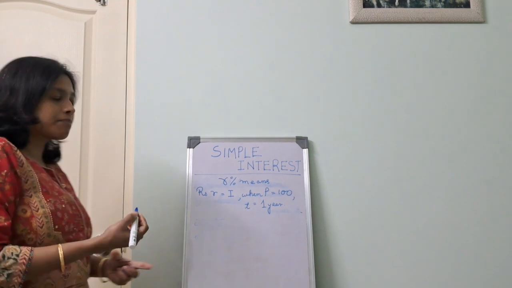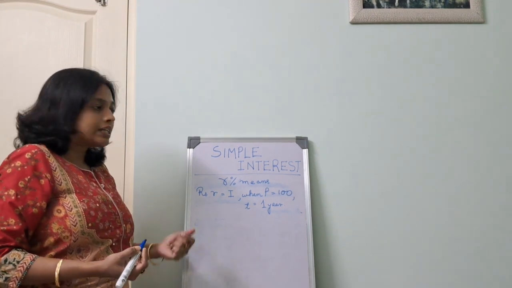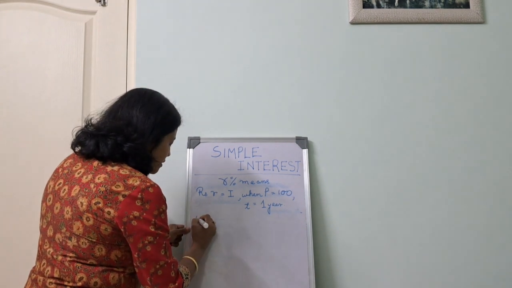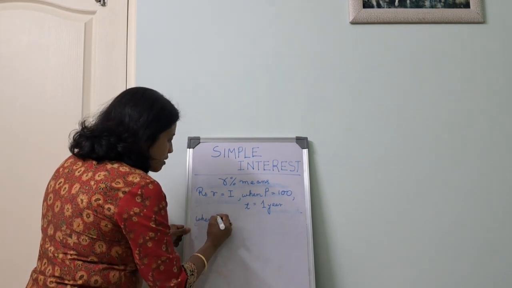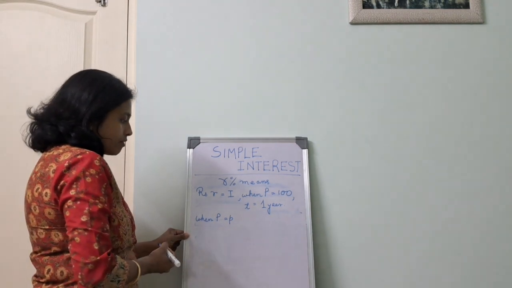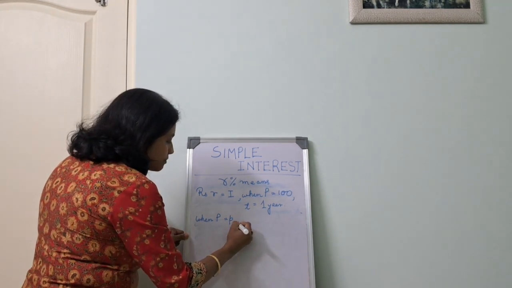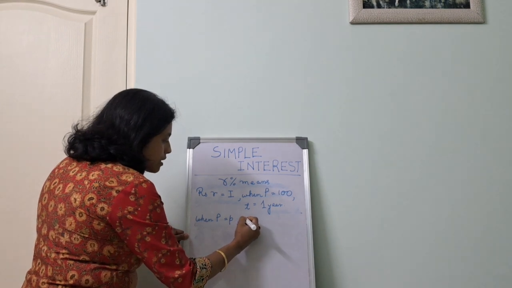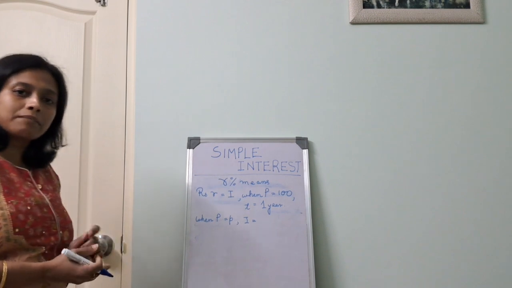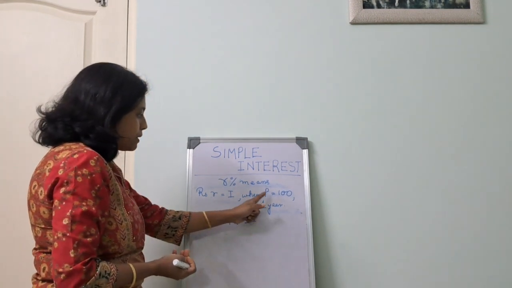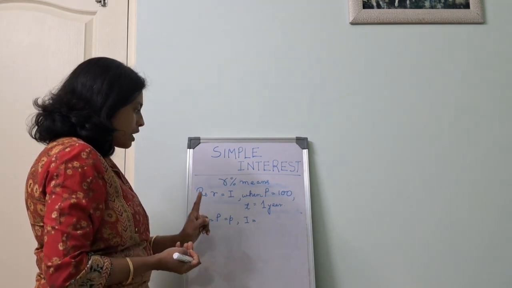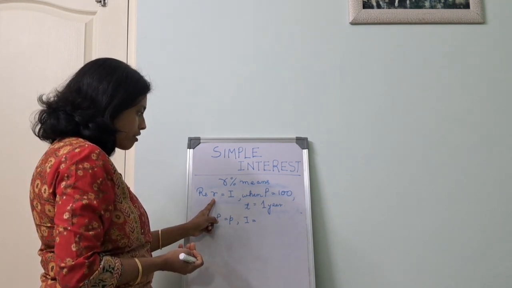But the principal is not 100 rupees always. Let us suppose the principal is P. So when principal is equal to, say, small letter p, right? What will be the interest? This is the unitary method. So when p is equal to 100, interest is r.